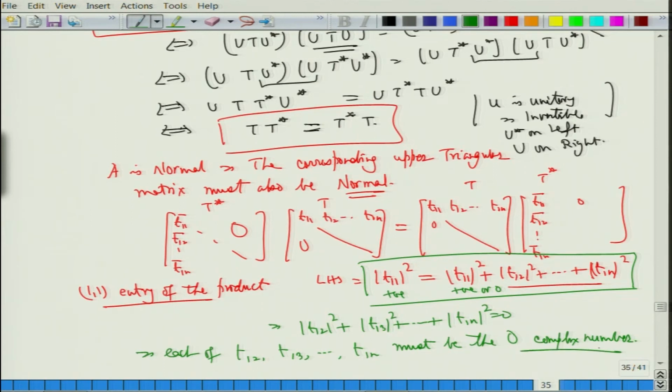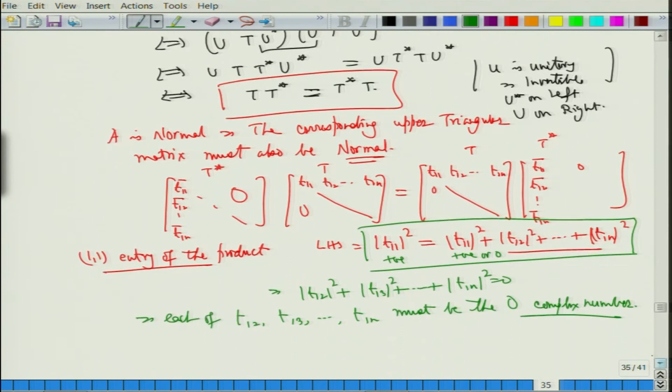Now once you have done that, we can look at the 2-2 entry, and from there conclude that the 2-2 entry must be 0. So the rest of row 2 will also become 0. At the first stage we have shown that this part is 0.